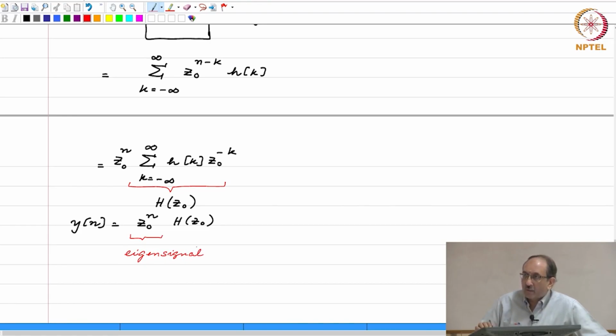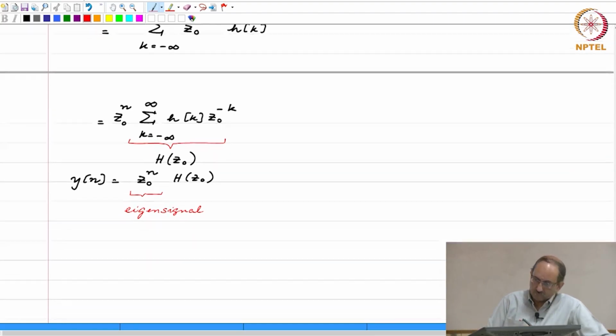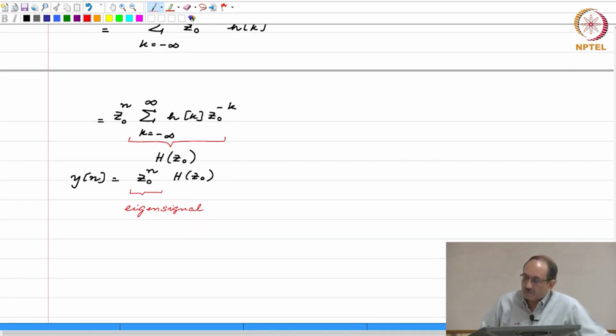So, this parallels very closely another way of looking at Laplace transform in continuous time. There the eigen signal takes the form e to the st, and if you apply it to a continuous time system with impulse response h of t, you will get e to the st back, except it is multiplied by a constant, namely H of s, and that H of s is called the bilateral Laplace transform. So, this is exactly along those lines.